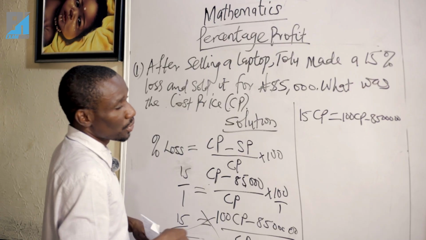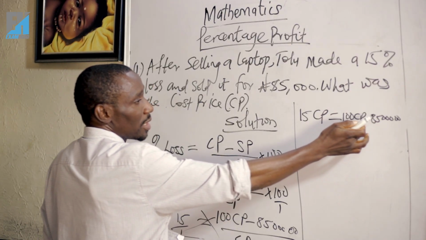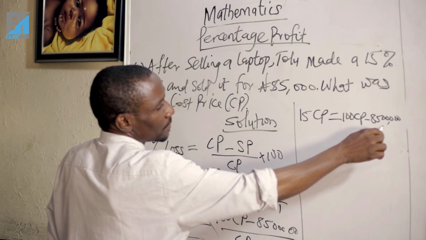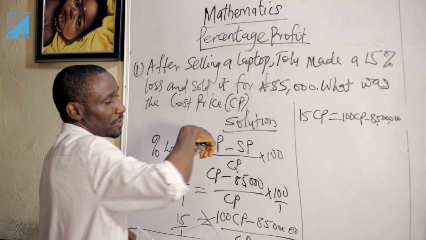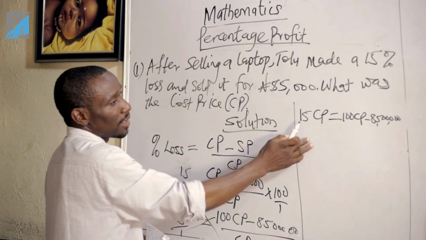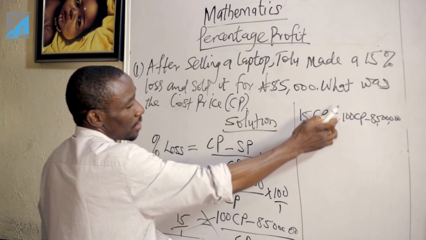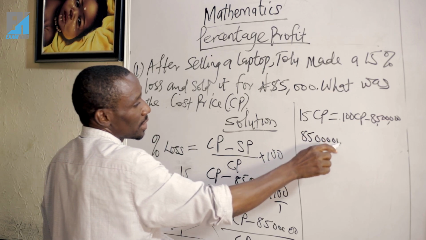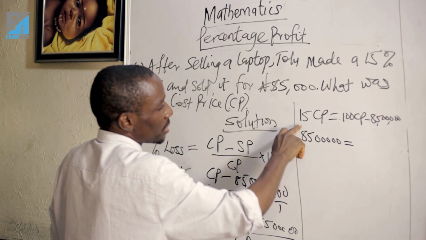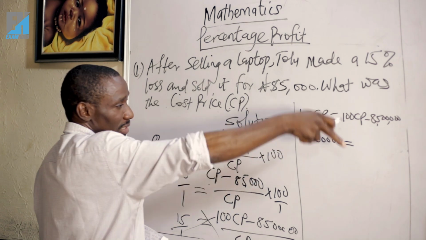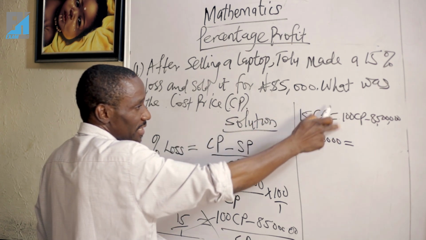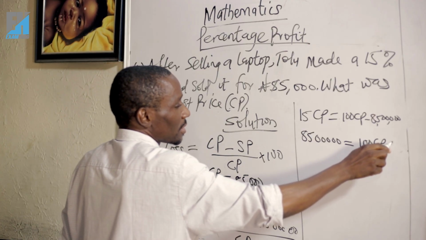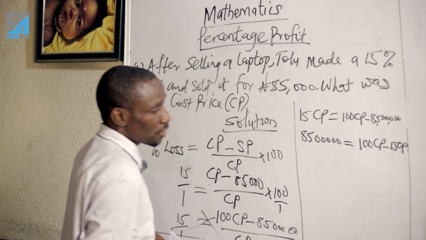The minus 8,500,000 crosses the equality sign and changes to plus. The 15 CP is plus, so crossing the equality sign it changes to minus: 100 CP minus 15 CP. Remember, CP is the cost price.